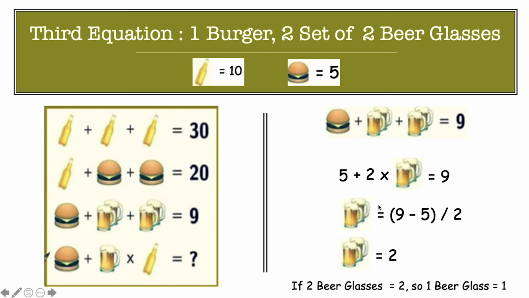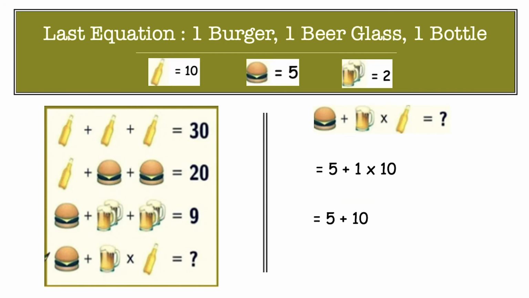So a pair of beer glasses would be equal to 9 minus 5, divided by 2. So 2 beer glasses is equal to 9 minus 5, 4. 4 by 2 is equal to 2. So friends, if 2 beer glasses is equal to 2, then 1 beer glass would be equal to 2 divided by 2, 1. So this is the end of our third equation.